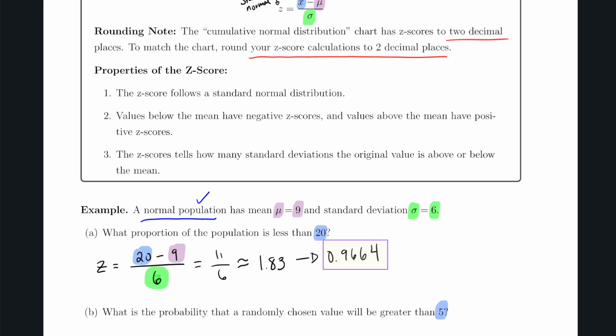Whereas now it's saying greater than 5. I know the chart doesn't directly tell me about greater than. Instead, I could find the less than 5 and then take that away from 1. The details of why that works were talked about in the last video in this series, but let's sketch that out here.